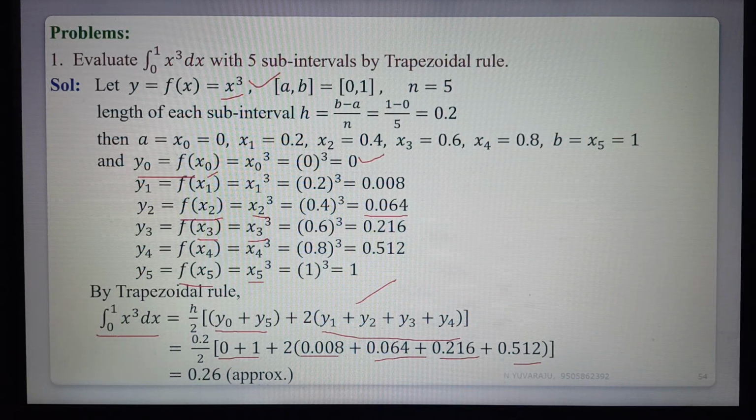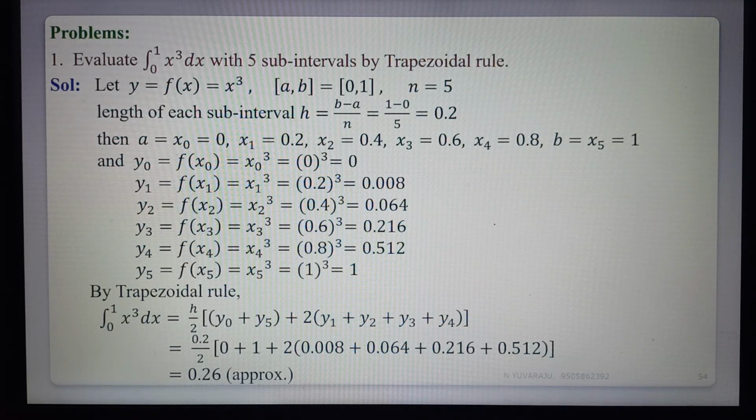This is the integration from 0 to 1 of x cube dx, a numerical approximation value of 0.26. So this is the numerical integration using the first formula, the trapezoidal rule. Okay, understood?